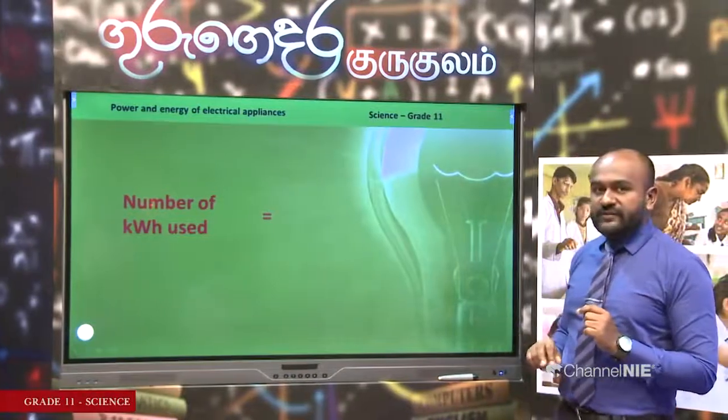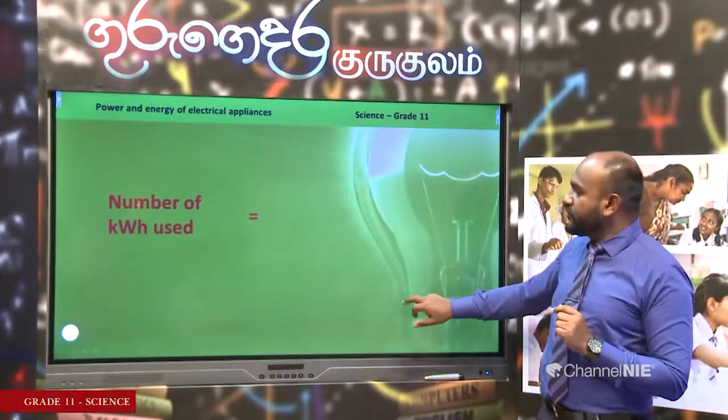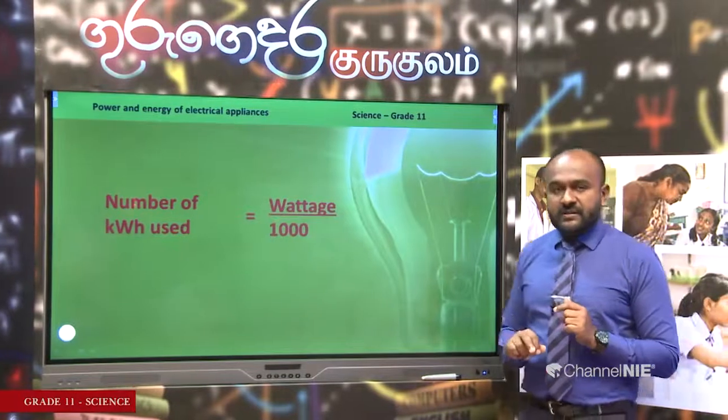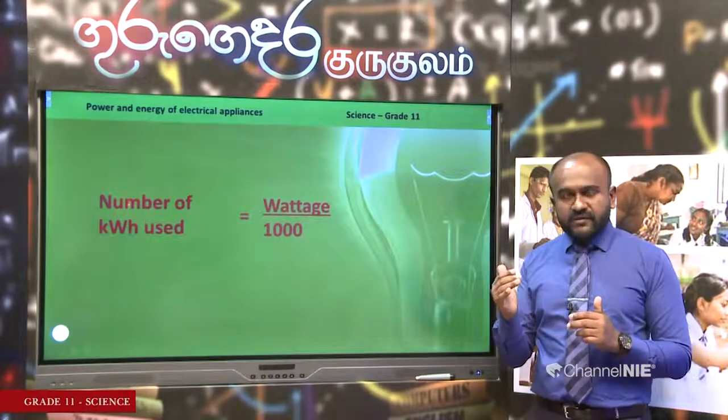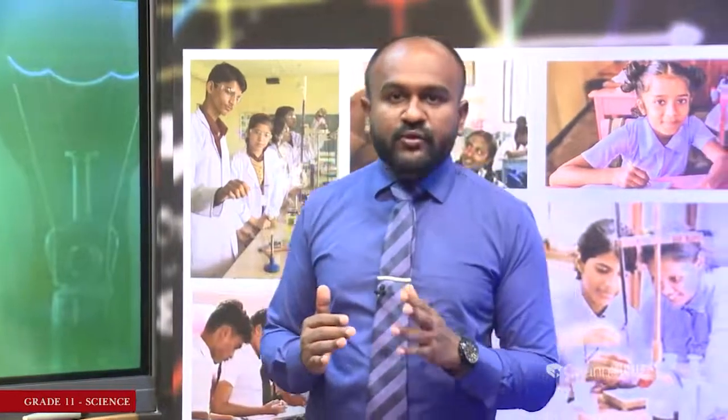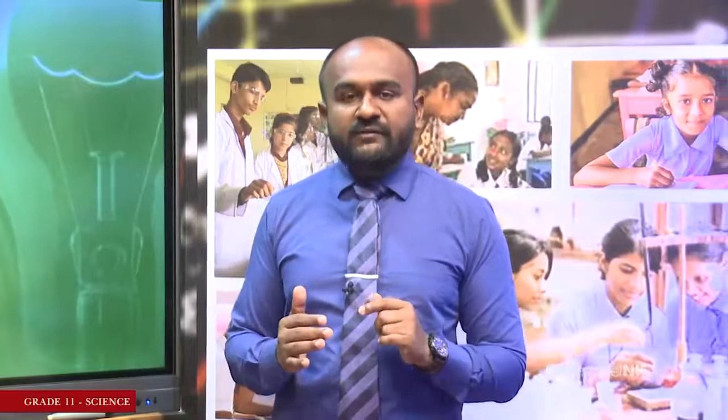Number of kilowatt hours used is equal to wattage divided by 1000. Normally, this power is marked in watts on the appliances, so you need to make sure you convert that into kilowatts. You all know how to convert watts into kilowatts: you divide by 1000. And then what do you have to do?